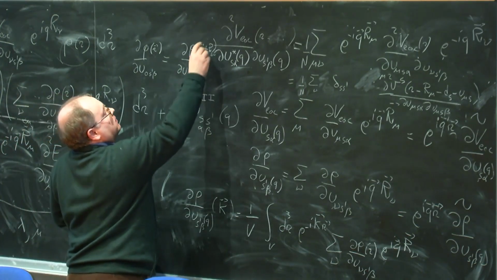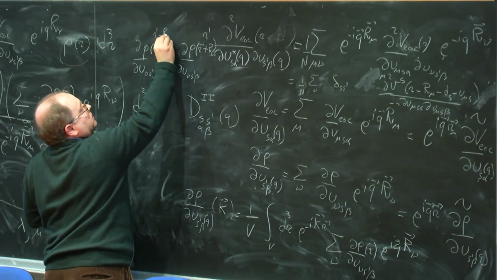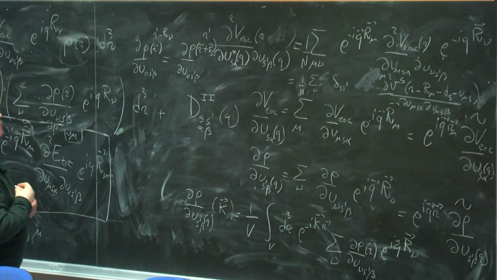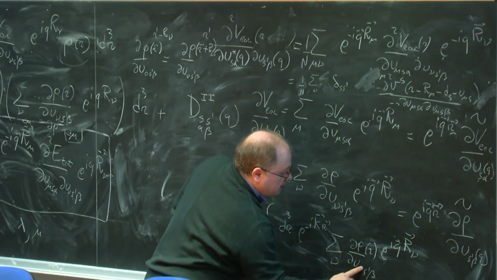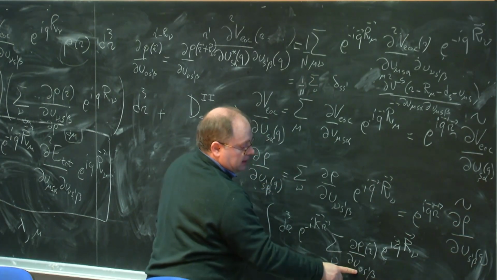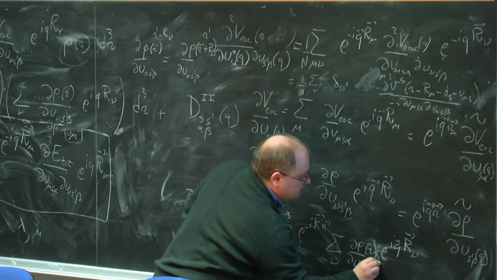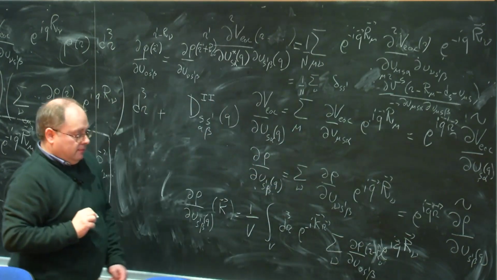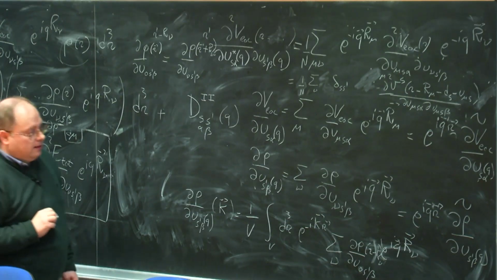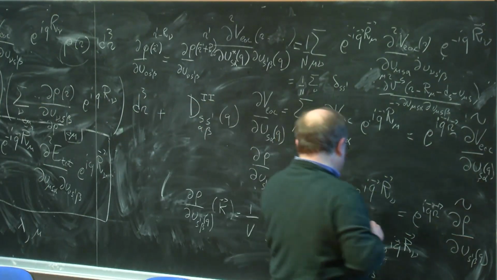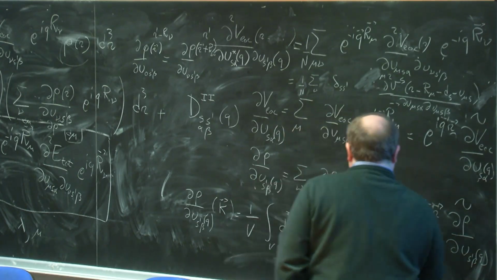So let's say that we put r prime this, and this will be r prime minus r nu. So here I can put the derivative with respect to the atom 0, provided that I put here r minus r nu. And now if I change variable in the integral, I put here r prime equal r minus r nu.